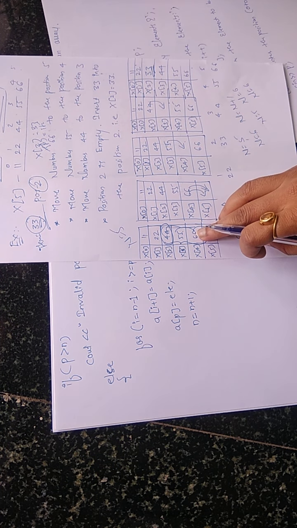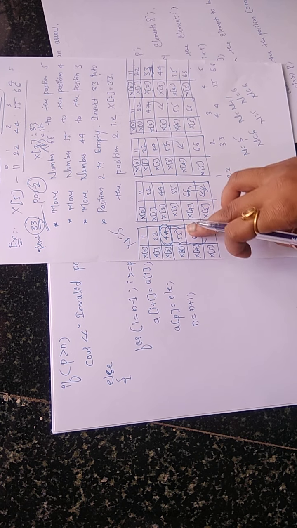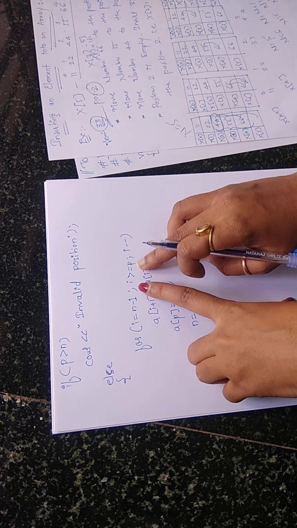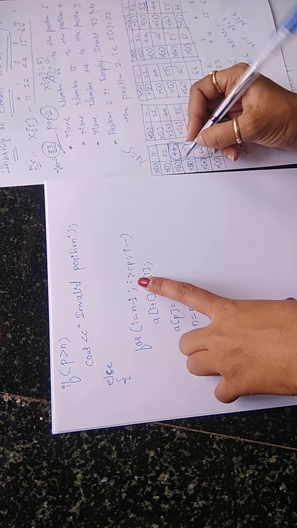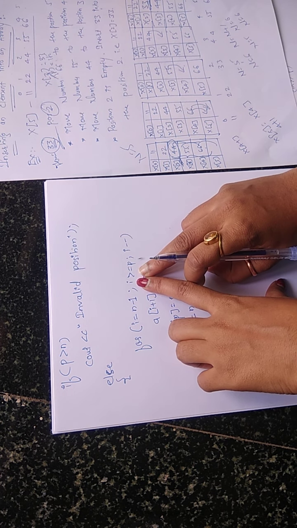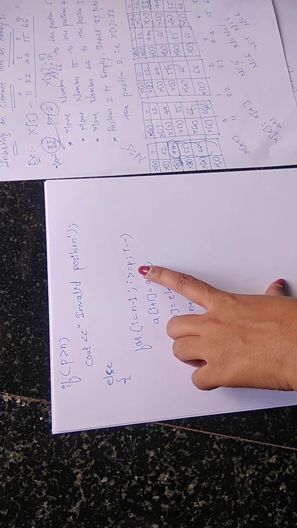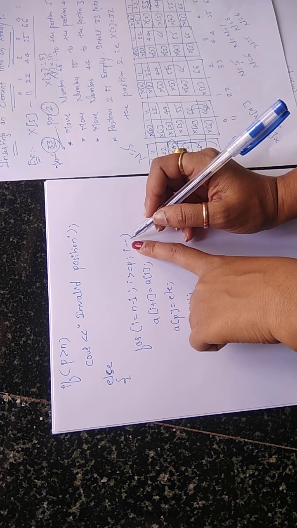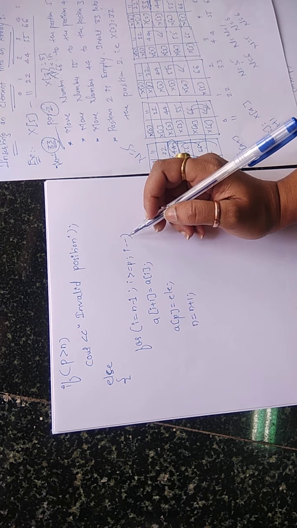For that we go from here, first shifting 66, then 55, then 44. For that reason the loop is in reverse, I equals to n minus 1, and till where? Till you reach the position. For that reason the condition is I greater than or equals to P, and since it is in reverse, it is always decrementing, not incrementing, that is I minus minus.